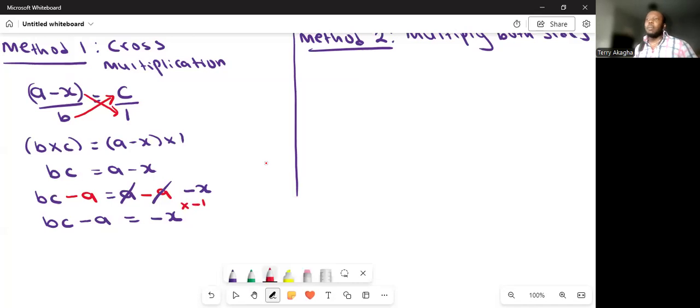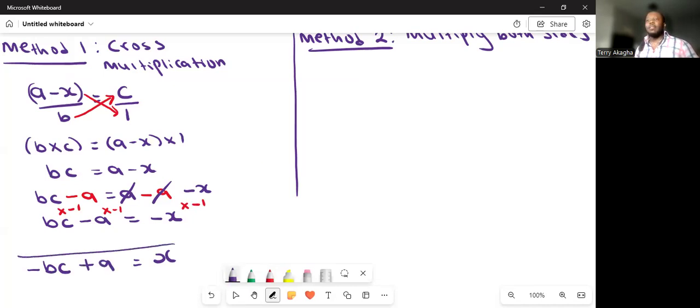So multiply this by minus 1, multiply this by minus 1, multiply this by minus 1, okay? So we now have minus x times minus 1 will give you x. Are you seeing it? bc times minus 1 will give us minus bc. Minus a times minus 1 will give us what? Plus a.